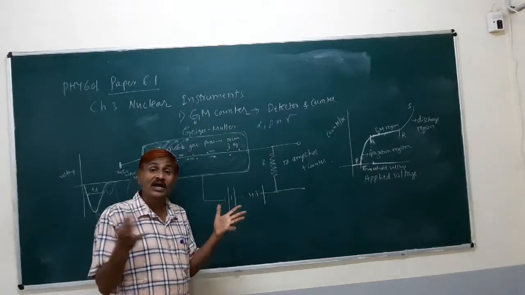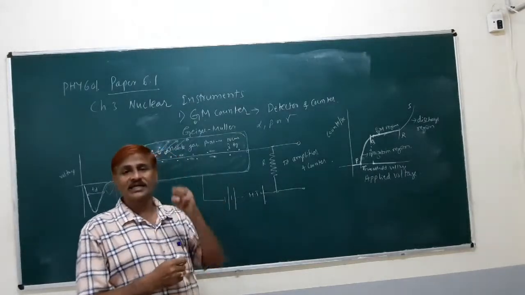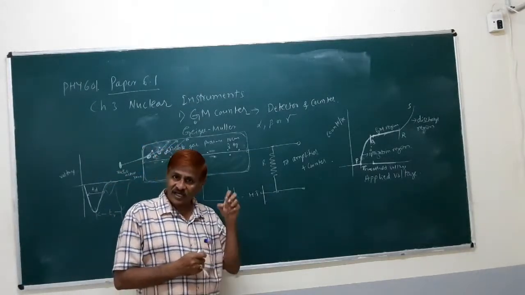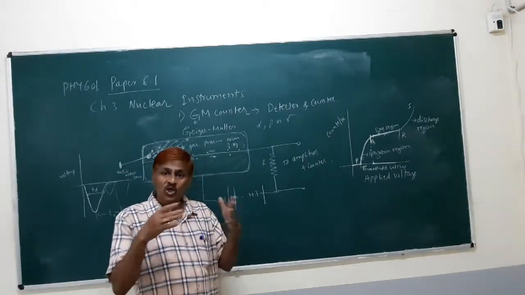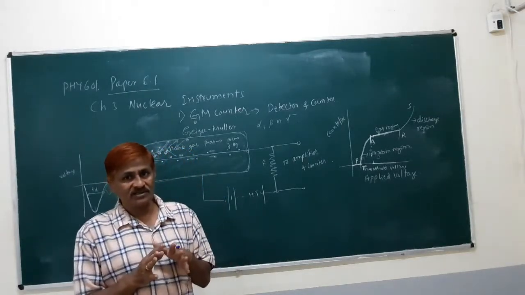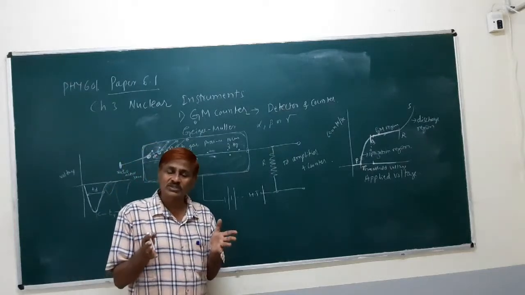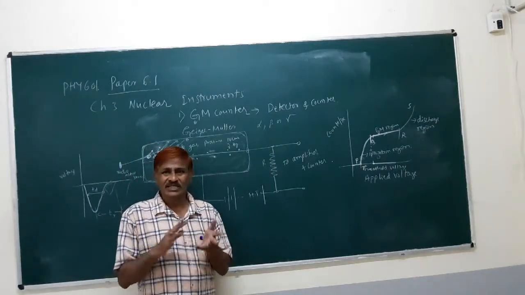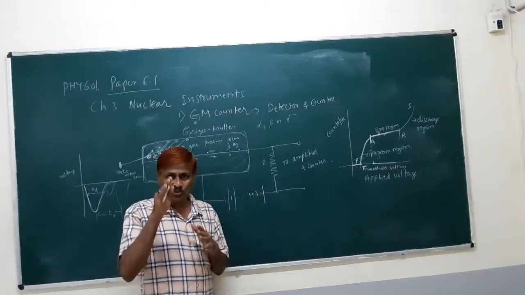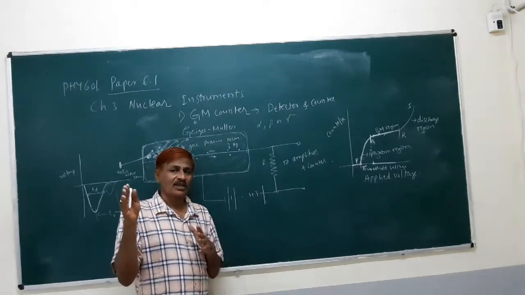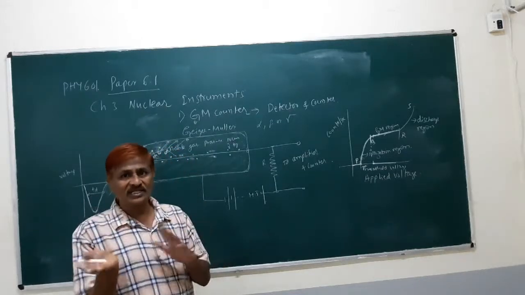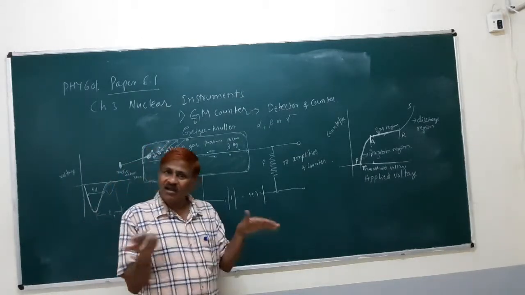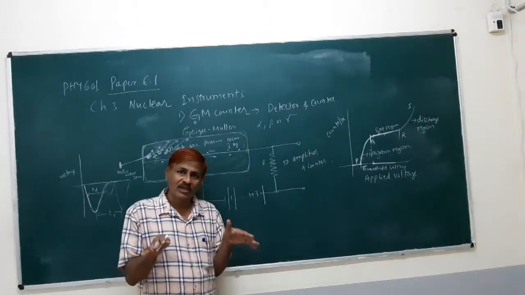How many ion pairs are produced by the energetic radiation is statistical, and root n is always the error. If it is 1000 counts, it may be 1020, 1030, up to root of 1000. So 1000 plus or minus root of 1000 is around 1000 only.